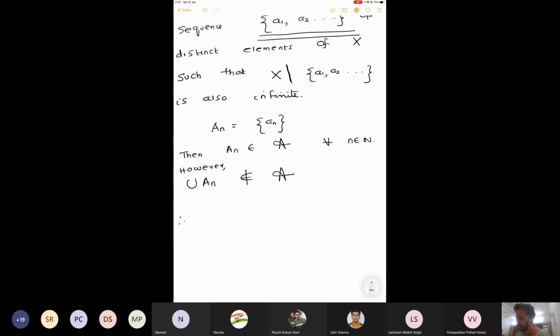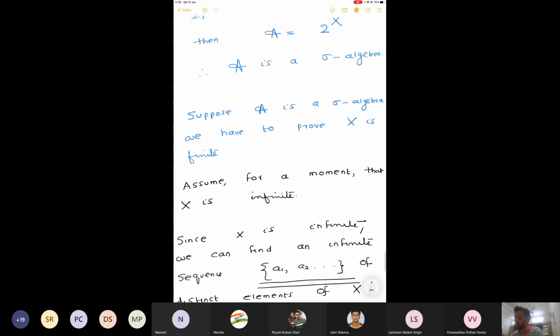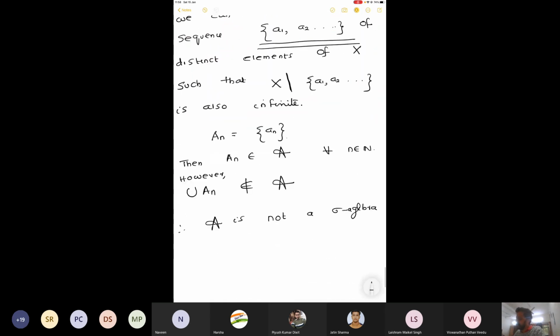Therefore, script A is not a sigma algebra. You could find elements in script A whose union is not in A. This is a contradiction, since you started with a sigma algebra. What is the source of this contradiction?